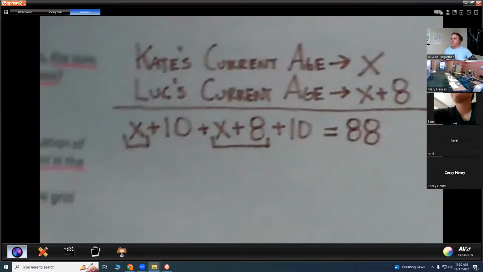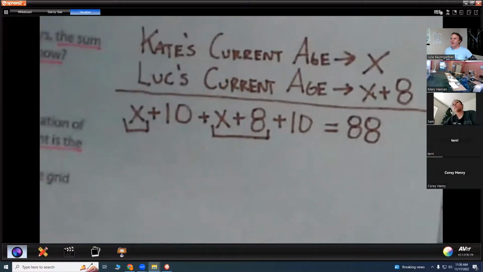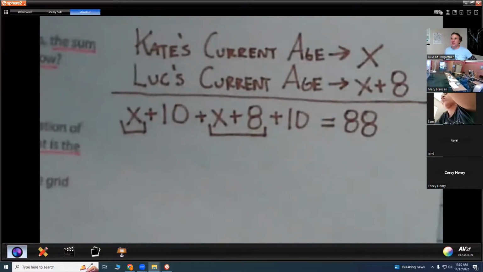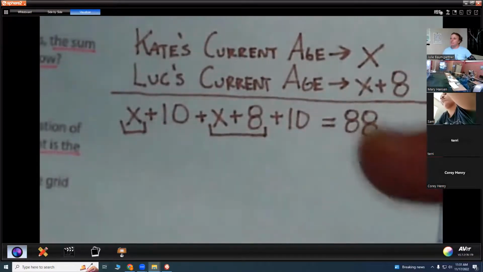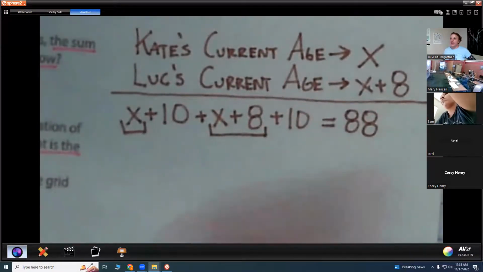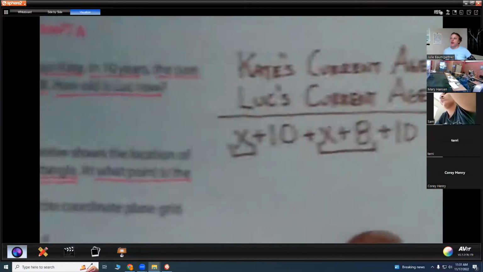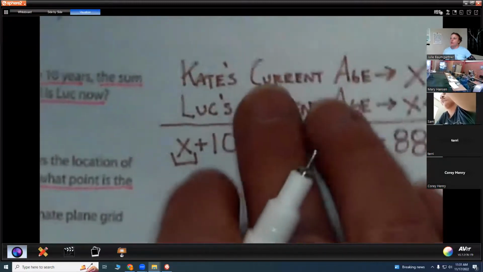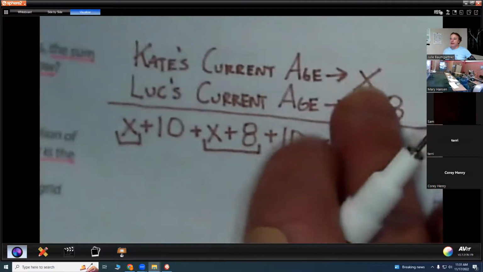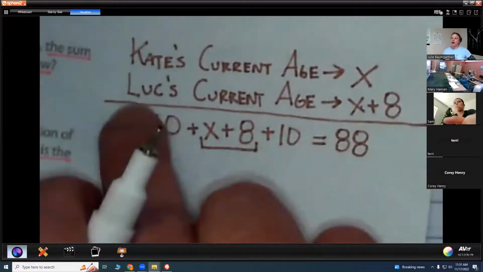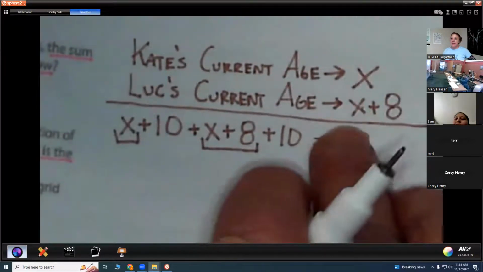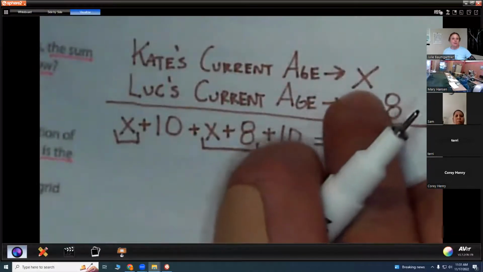Is everyone seeing how to organize the information? Sometimes it's helpful to have it in a table, or like I said, to just take notes. You're always looking for, where's our starting point? And then how do we talk about other things in terms of our starting point?